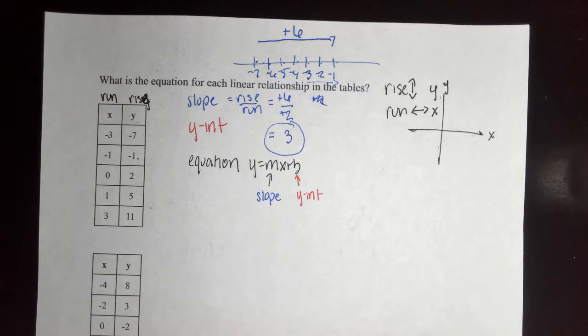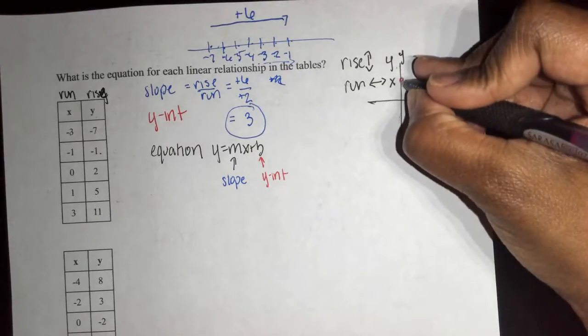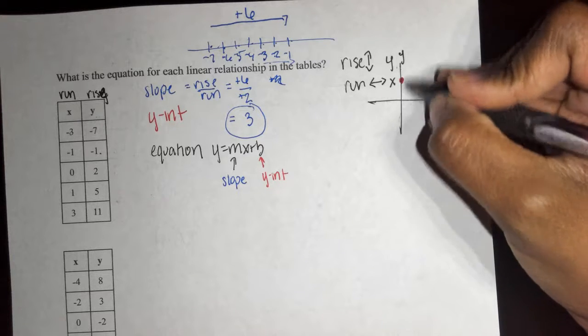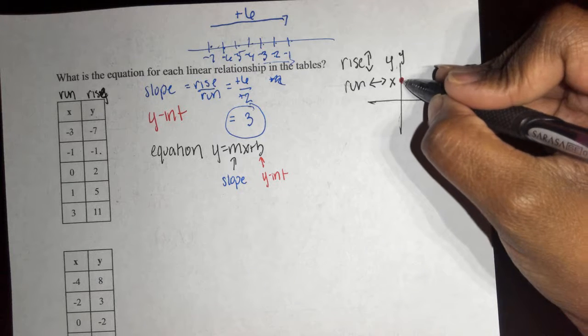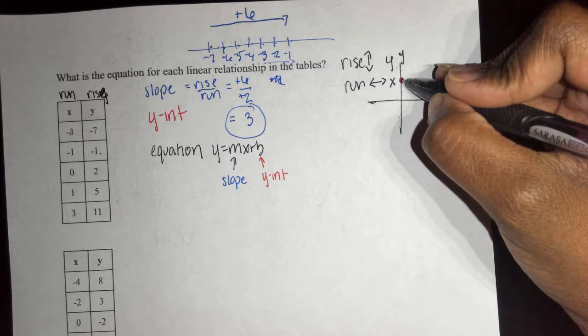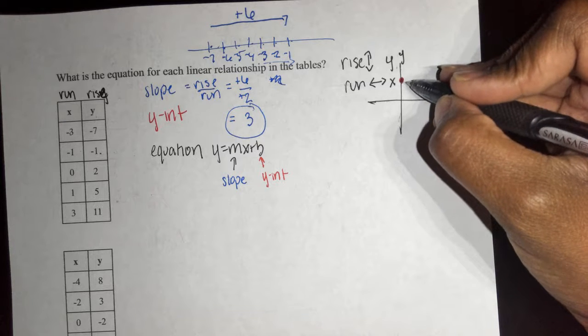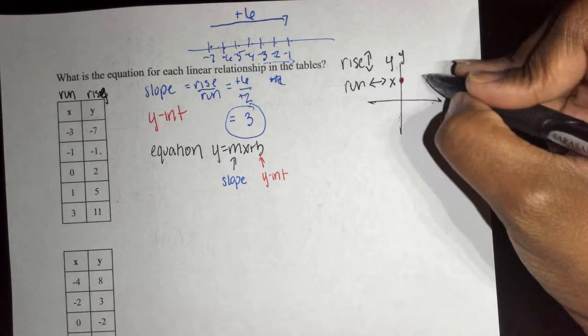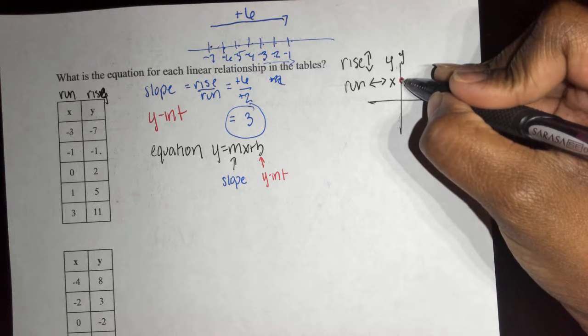Now our y-intercept is actually kind of easy to find. On a y-intercept, we did not move left or right at all, so the x value on a y-intercept is always 0.